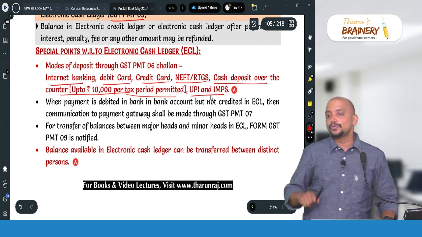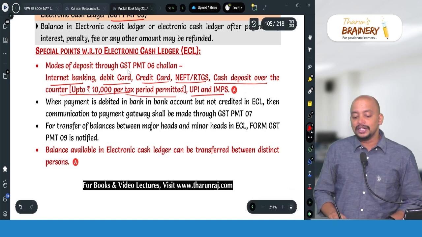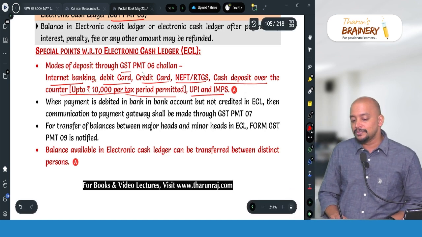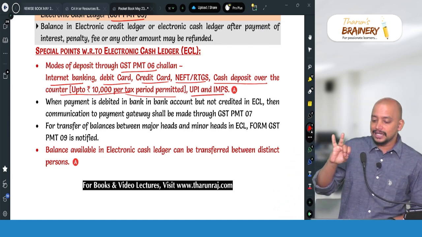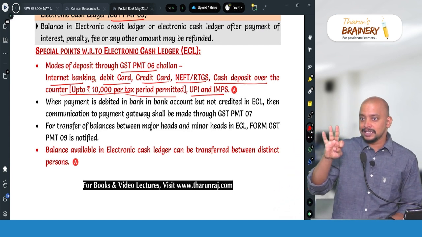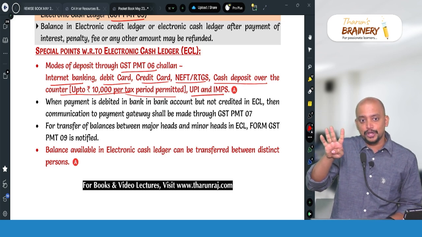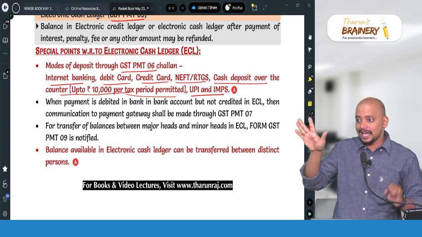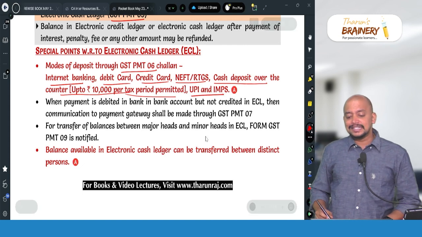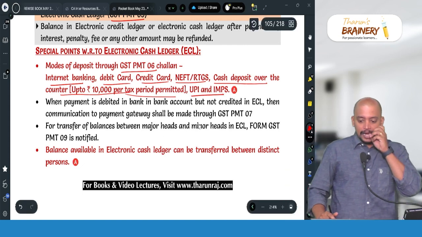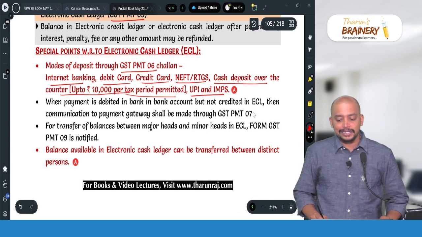So total 6 modes of deposit of money into the electronic cash ledger through PMT 6 challan. What are they? Internet banking, debit card or credit card, NEFT, RTGS, over the counter cash deposit up to 10,000, UPI and IMPS.